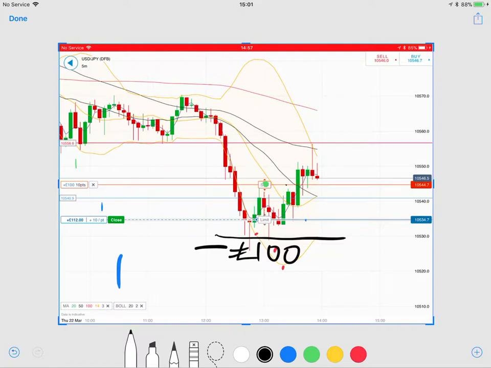I don't want to risk £100 to get £40 back. That's just not good. You're not going to be profitable in the long run if that's how you do it. There are exceptions if you're scalping and dealing with small fluctuations, but we'll get into that another time. We don't want to risk £100 to get £40 back.